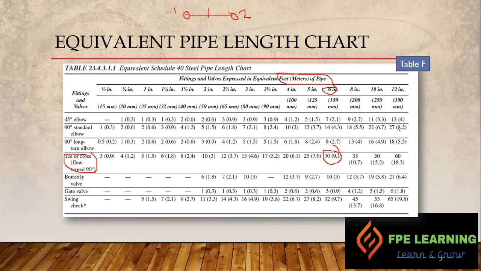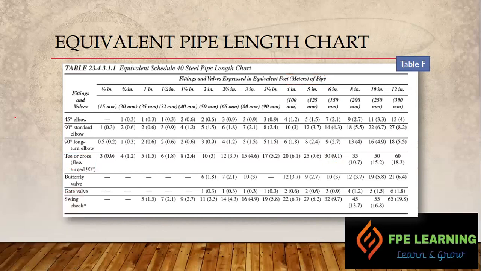Now this T, which is 6 inch in size, the friction loss in this T will be equal to 30 feet of pipe. The frictional loss in this T will be equivalent to 30 feet of straight pipe. We have to calculate in straight pipe. So this is how we have to use this chart.